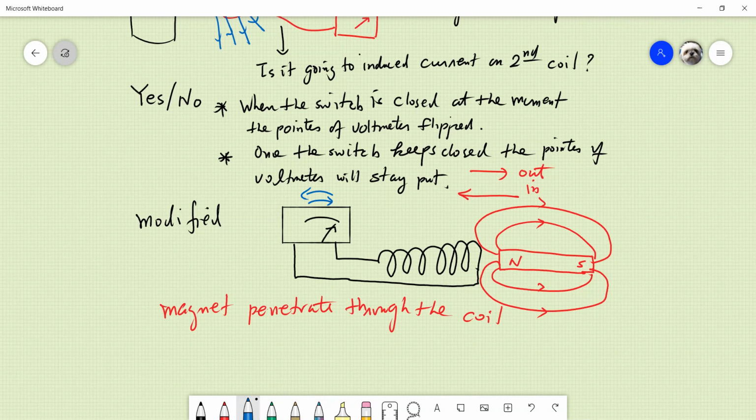So in other words, he got the idea that this induced voltage or induced current is proportional to the speed of the magnet. But the speed of the magnet translates to what?